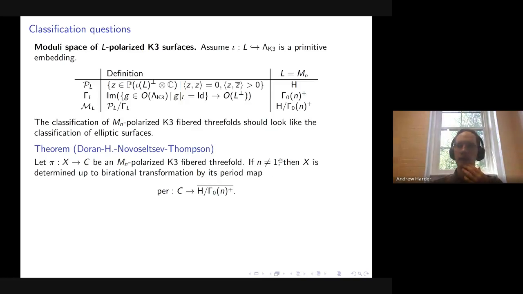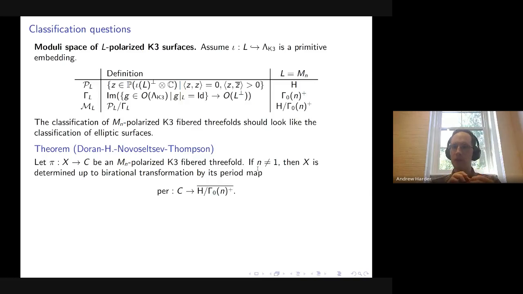So why is n not equal to 1? In some sense, there's this issue if you think about elliptic surfaces. The period map is essentially enough to classify these things if you don't have local monodromy which multiplies by -1.